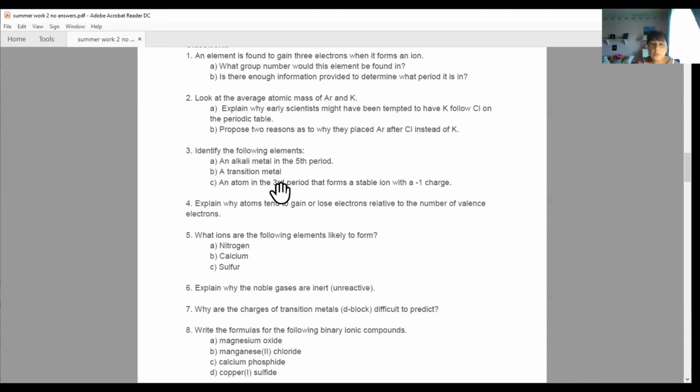I don't know in which period, not sure which one they are saying. Okay, so it could be any transition metal, I guess. And then an atom that is in the third period, and forms a stable ion with charge -1, and that would be chlorine.